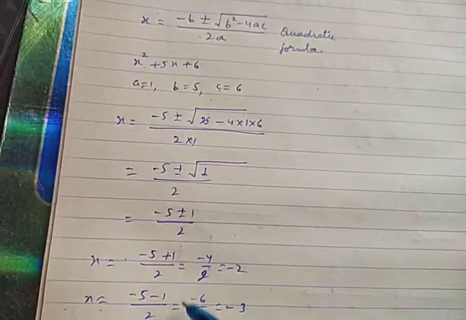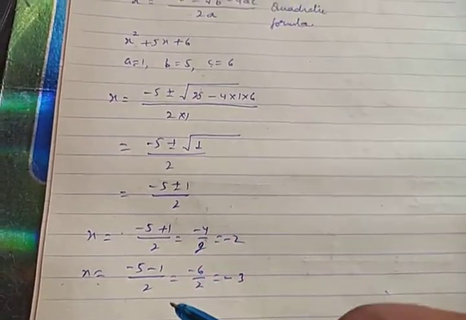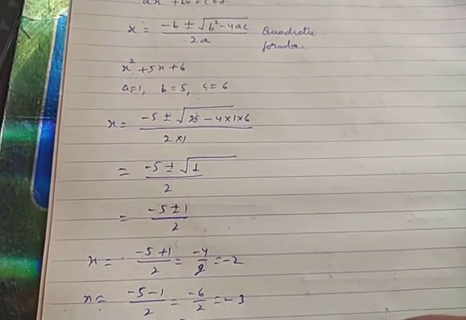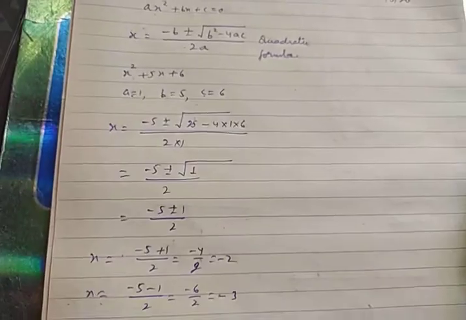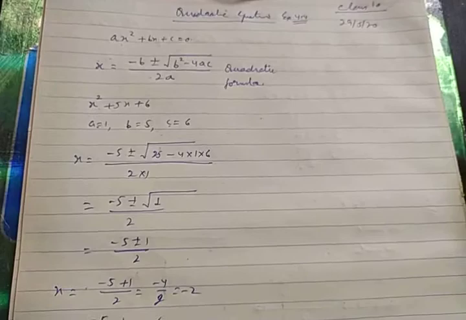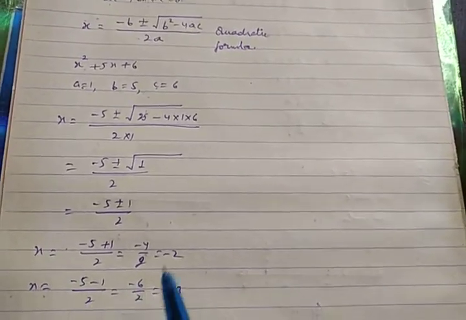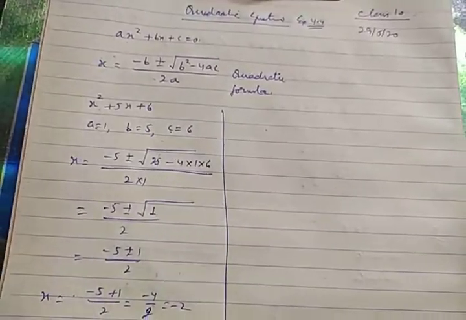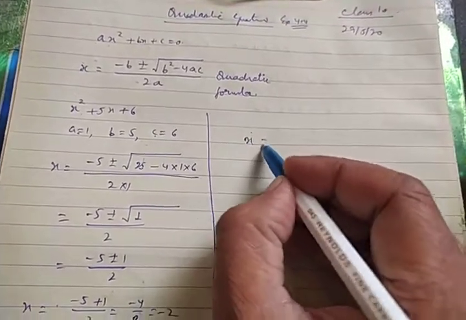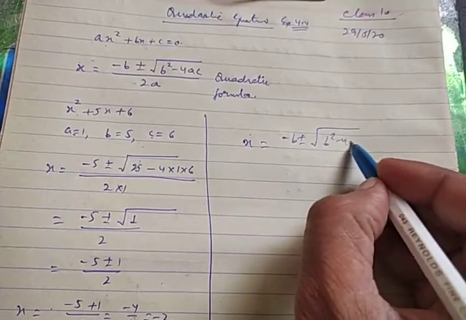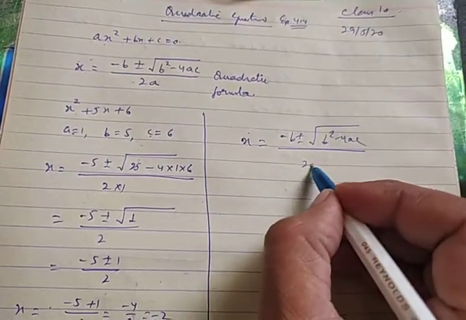In this manner you can solve the given quadratic equation. It means you have another method, that is the quadratic formula. By using this you can solve the equation. Now from the formula you have to understand: x is equal to minus b plus minus under root b square minus 4ac upon 2a.